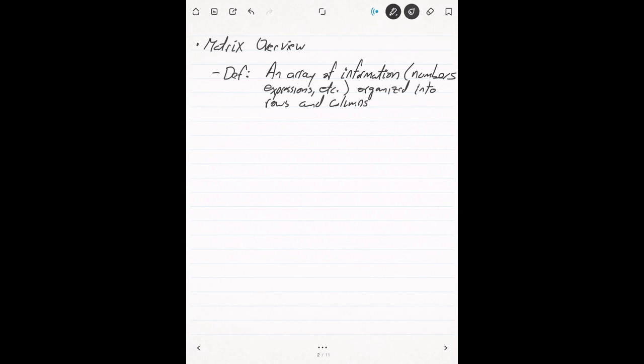So a matrix is an array of information organized into rows and columns. An array, sometimes referred to as a square or rectangular array, is just a way of organizing information and storing it.